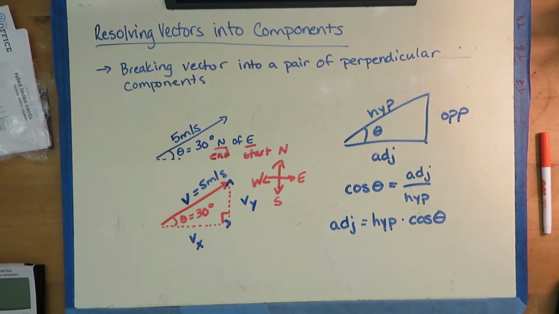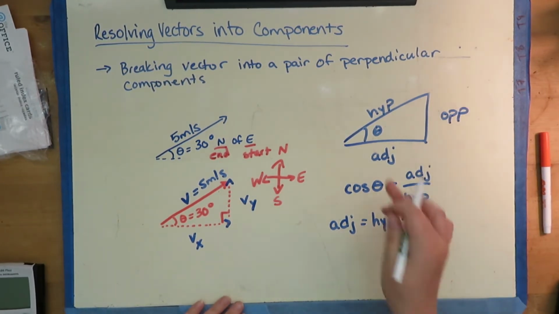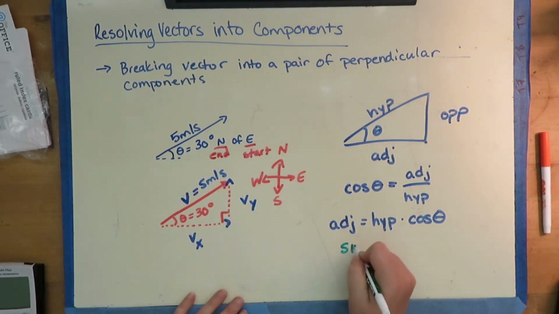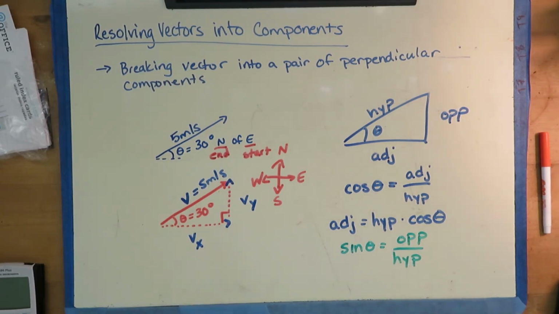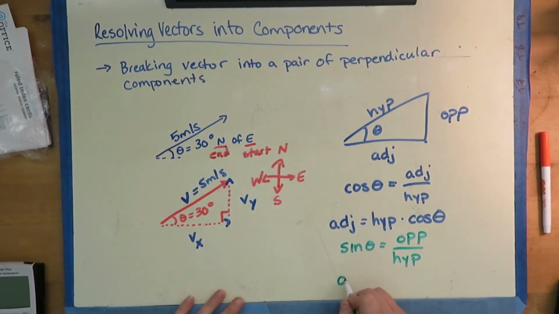Now, the opposite side is based on sine theta relative to my hypotenuse. Sine theta is equal to opposite over hypotenuse. So that means that my opposite side is equal to hypotenuse times sine theta.